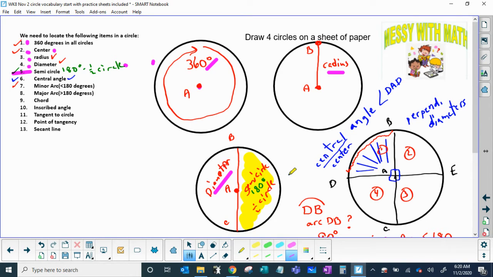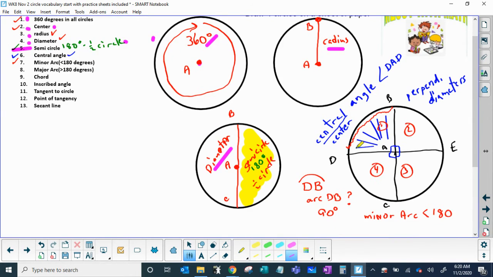Now we're going to complicate it, okay? I want you to draw a diameter CAB, draw a diameter DAE. Now remember, you can always pause the video if you need to. DAE, but do it in such a way that we create 90-degree angles. These are the perpendicular diameters.